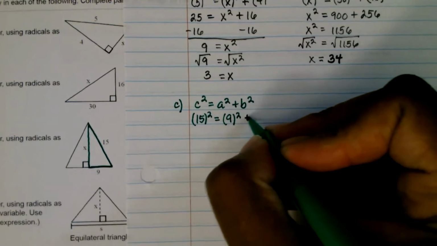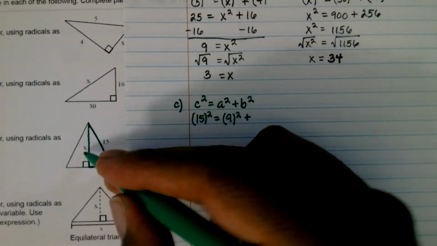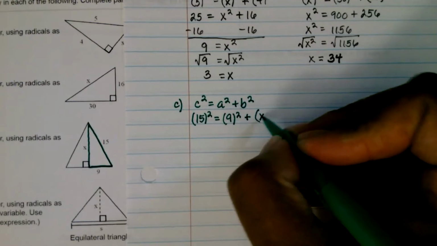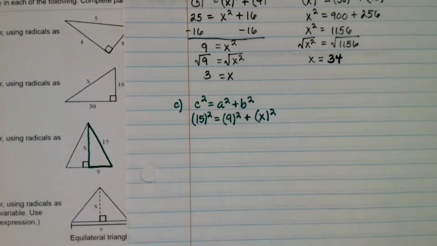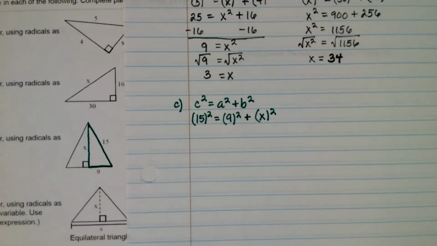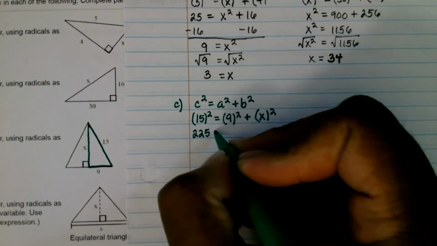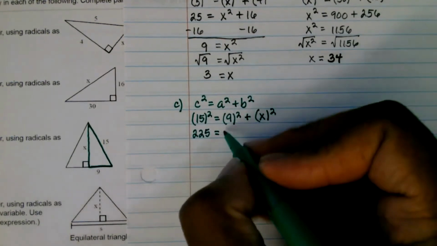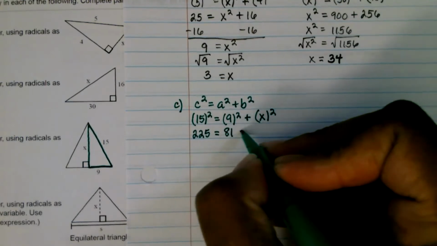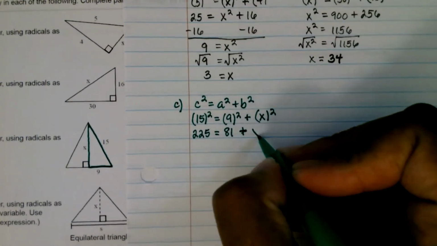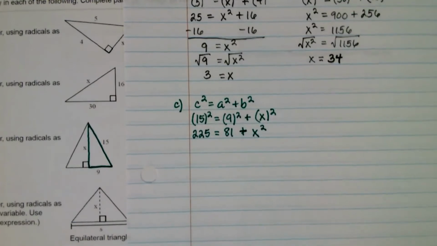So it'll be 9 squared plus the b, I'm going to let that be x. So it'll be x squared. And then we simplify. 15 squared is 15 times 15. That would be 225. And that's equal to 9 squared, or 9 times 9, that's 81, plus x, and that's going to be squared.